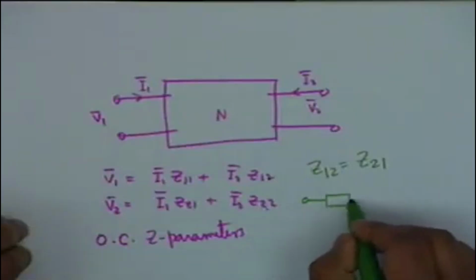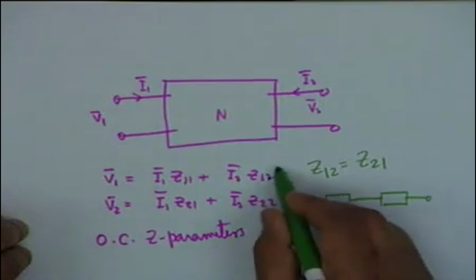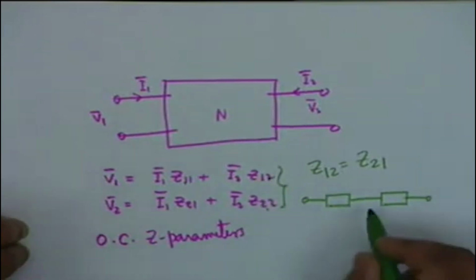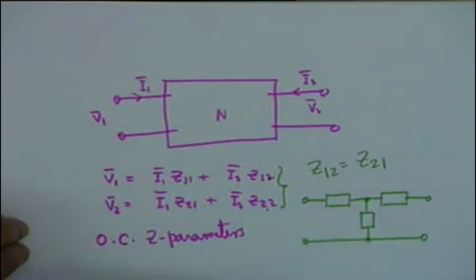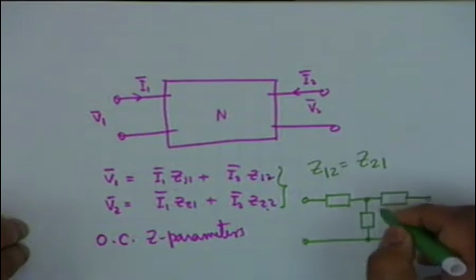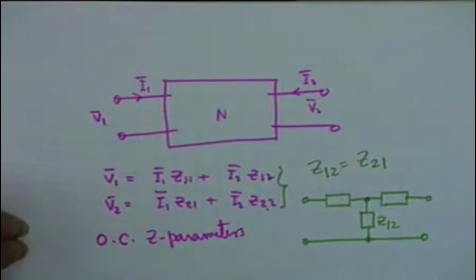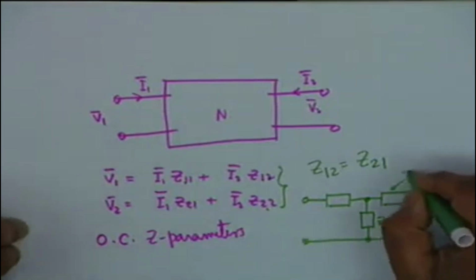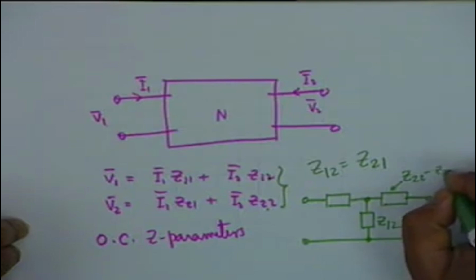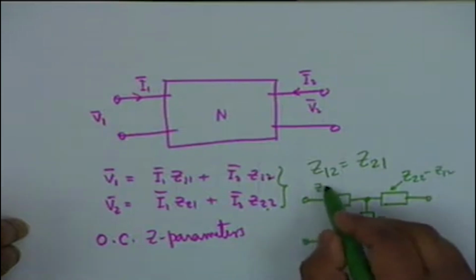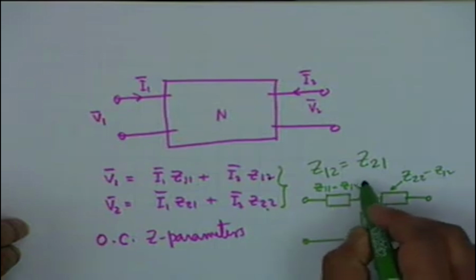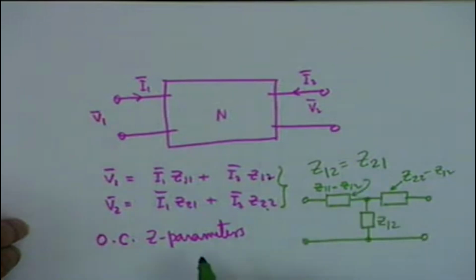You can easily show that these two relationships can be represented by 3 elements like this, where the shunt element is simply Z12, and the series elements are Z22 minus Z12 and Z11 minus Z12. Then this simple network represents the 2 equations.